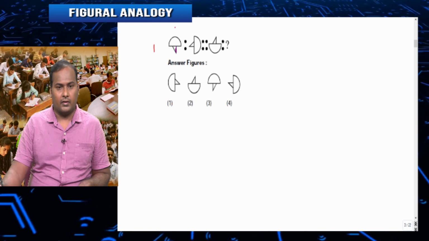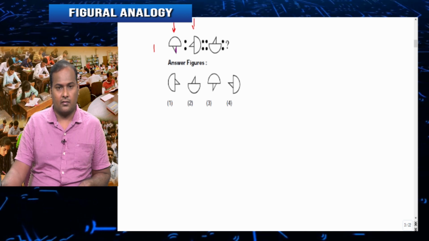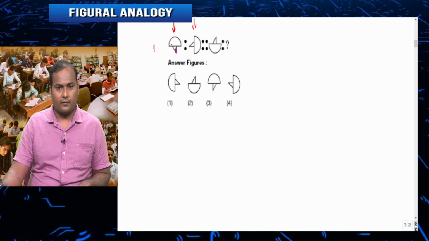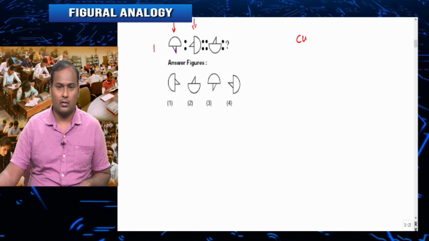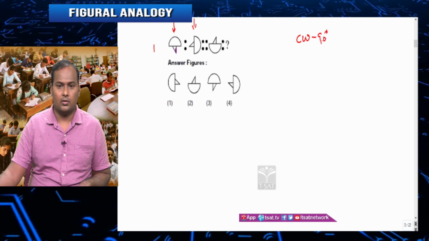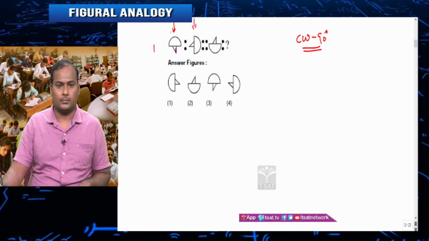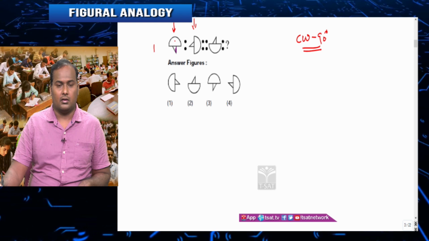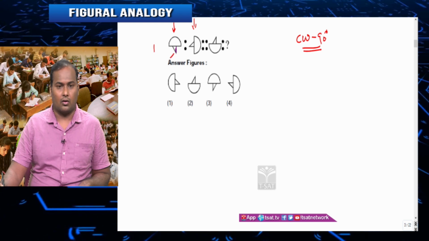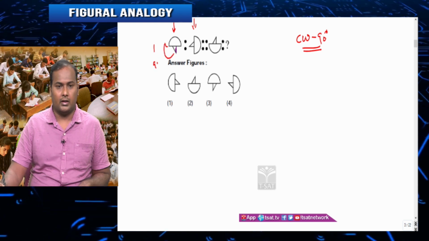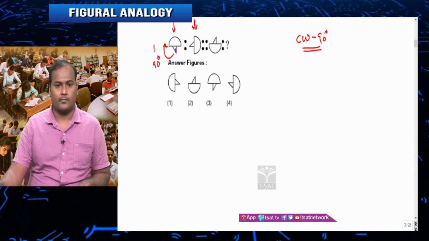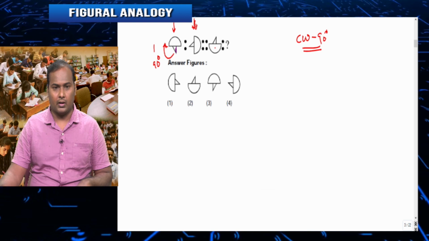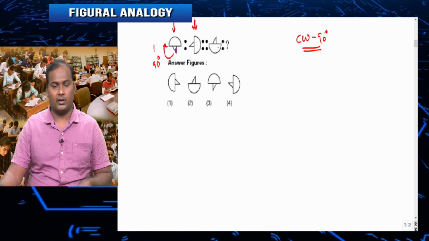So what is the rotation? The relation from this figure to the next figure is, the first figure is rotating clockwise 90 degrees to get the second figure. The same thing you have to apply to the next figure to get the answer.